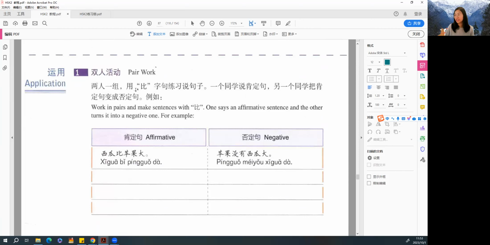We are going to use 比 to make up our own sentence. For example, 西瓜比苹果大，苹果没有西瓜大。We have just had a lot of practice in the McDonald's and KFC example, so you are going to make your own example, all right?